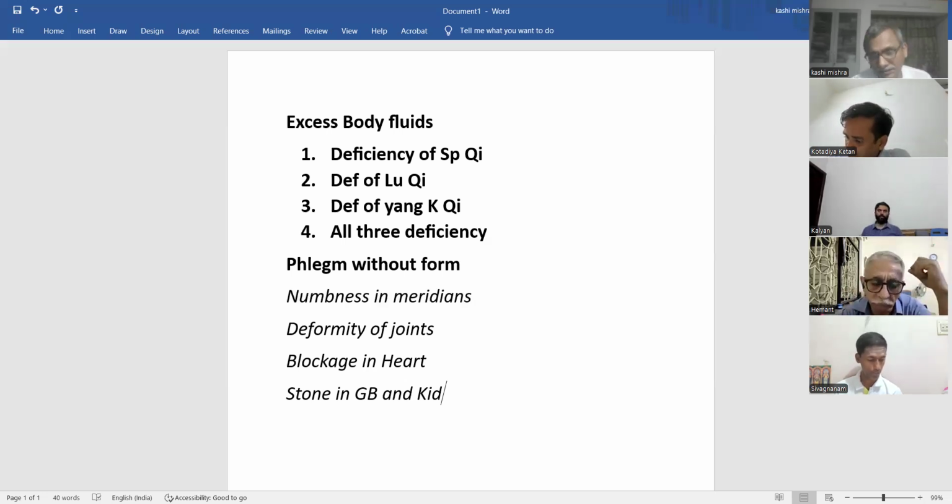अभी हमने एक बात करी ना, total body क्या करना पड़ेगा?